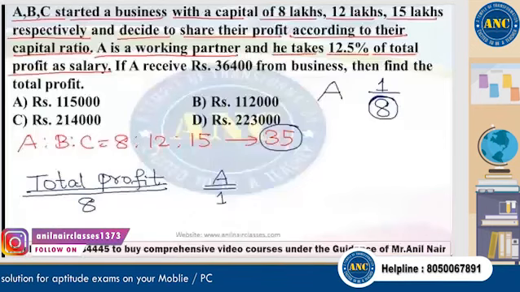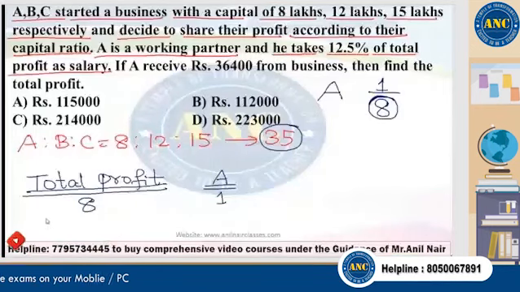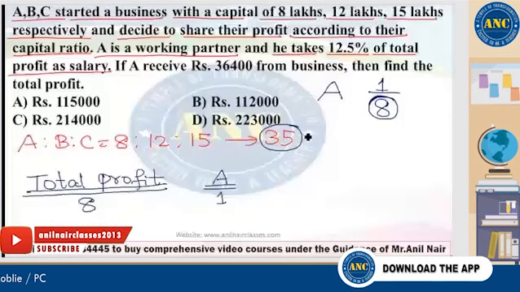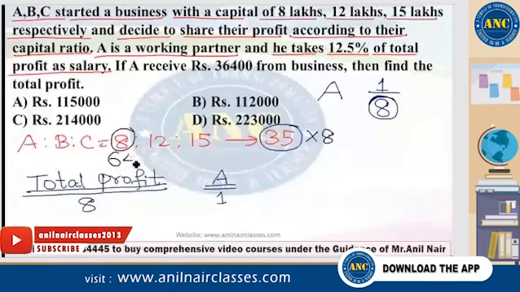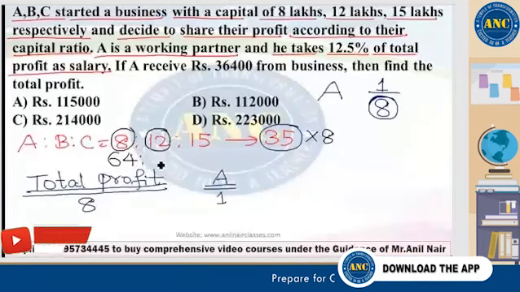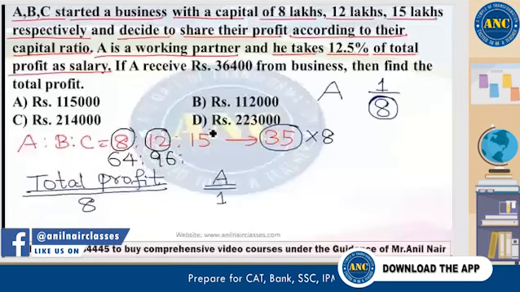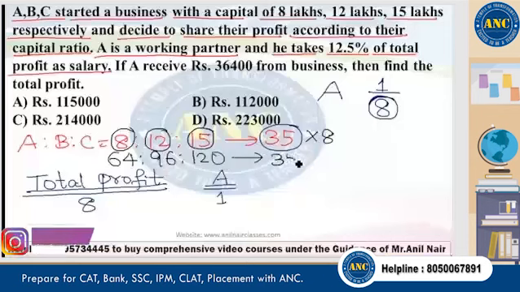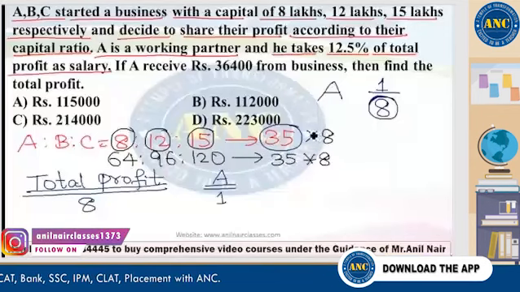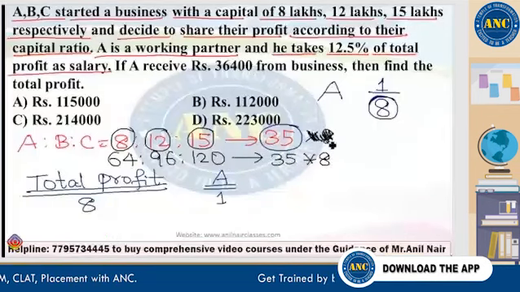So what I will do is, I will be a little smart in this case. I will multiply the total profit here only by 8. That means 8 I will multiply by 8. It is 64. 12 into 8 is 96. 15 into 8 is 120. So I will take the total profit as 35 into 8.